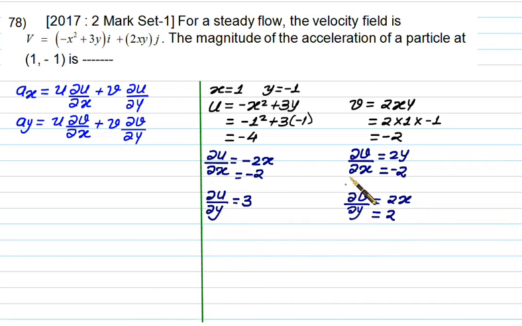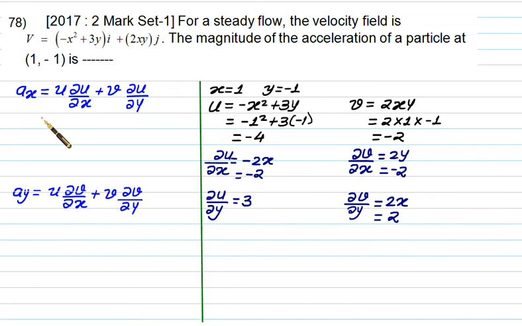So just put these values back into the equations and we'll make our ax component and ay component ready. We have ax equal to the value of u, which is -4, times del u by del x, which is -2, plus v, which is -2, times del u by del y, which is 3.